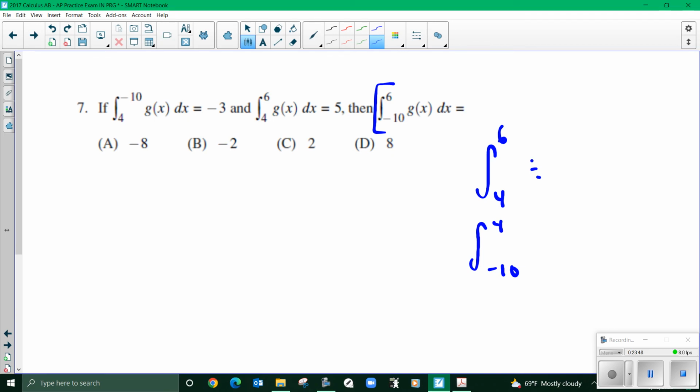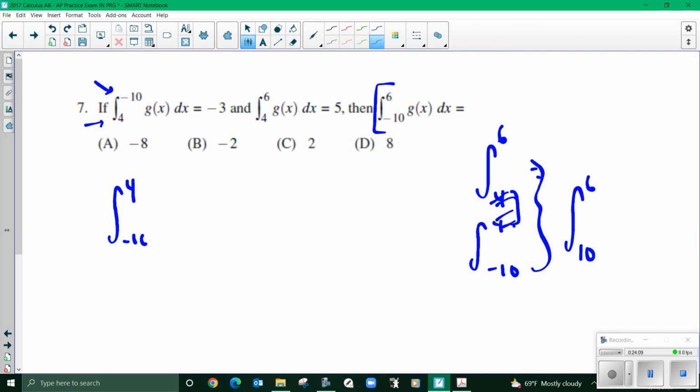In other words, when I combine these, I want the number that I'm getting rid of buckled together like that. Right now, my 4 is in the bottom, and my -10 is in the top. I want that flipped. So there's a rule saying that if I flip this, then I have to negate the answer.